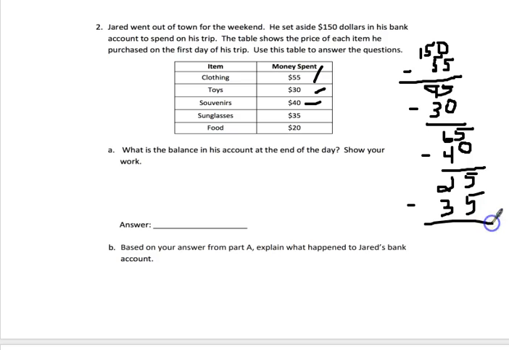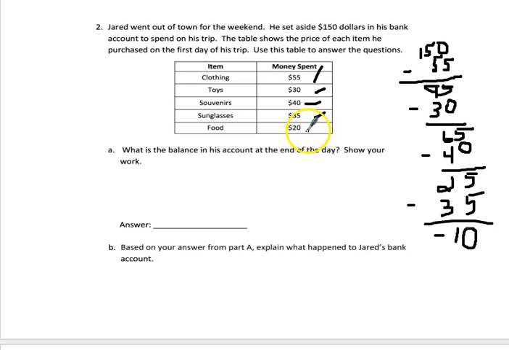So let's think about this. If he only has $25 and the sunglasses are $35, he's short $10. So he probably had to borrow $10. So he is in a negative balance. He has -10, and he's going to owe somebody $10.